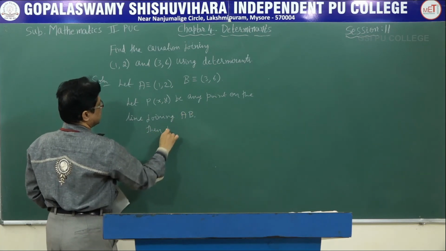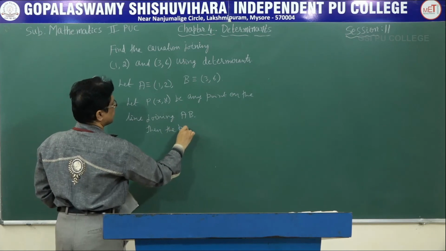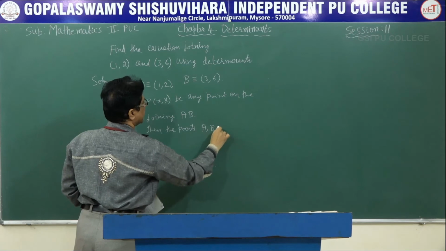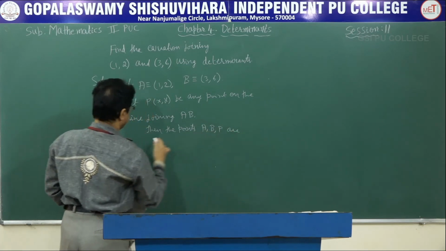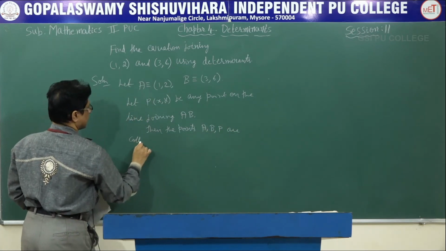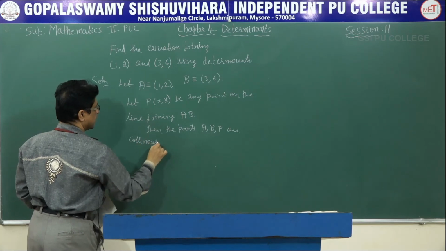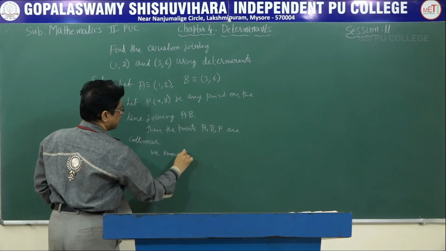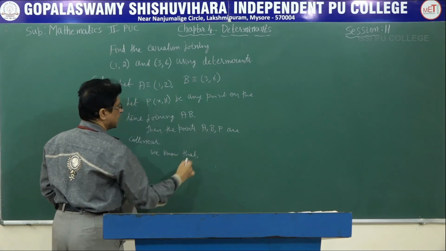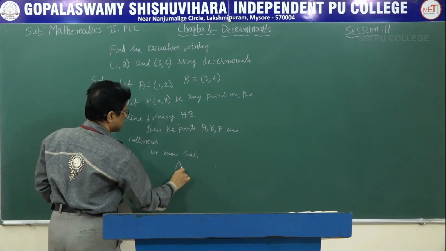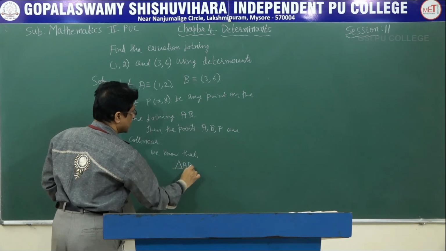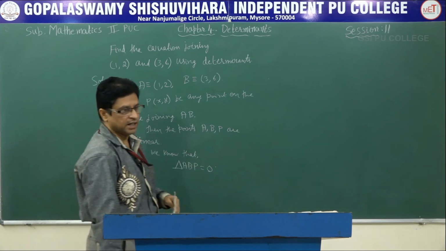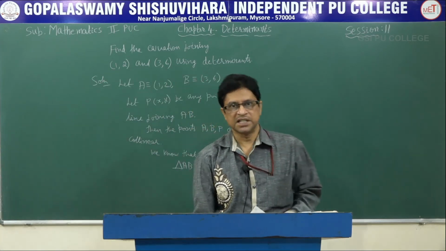Then the points A, B, P are collinear. We know that if 3 points are collinear, then the area of the triangle will be always equal to 0.